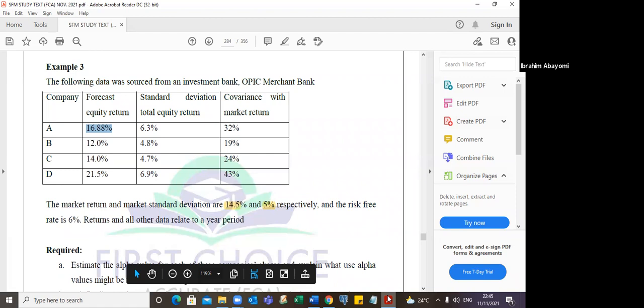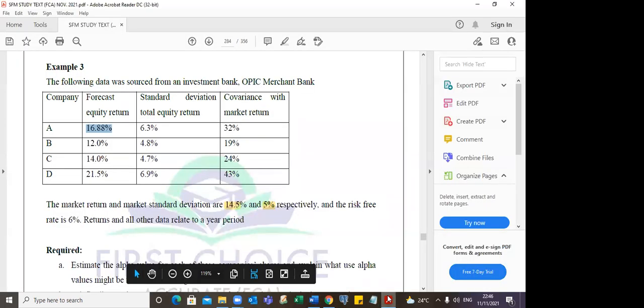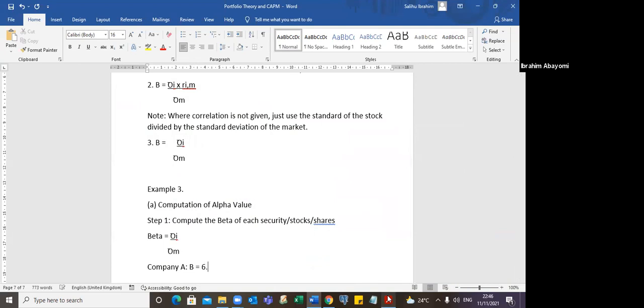Now, for company A, beta will be equal to 6.3 over 5. That will give us what?